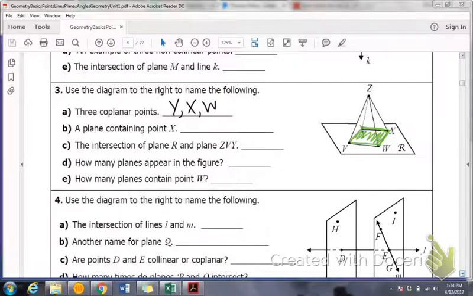Katie, what's a plane that contains point X? You have multiple options. ZWX. Perfect. Do you guys see this one on the side that she chose? ZWX contains X. Good. So plane ZWX, and we're writing it as a plane, right?